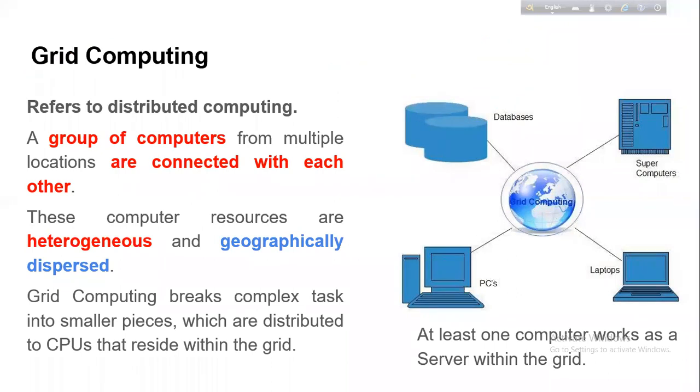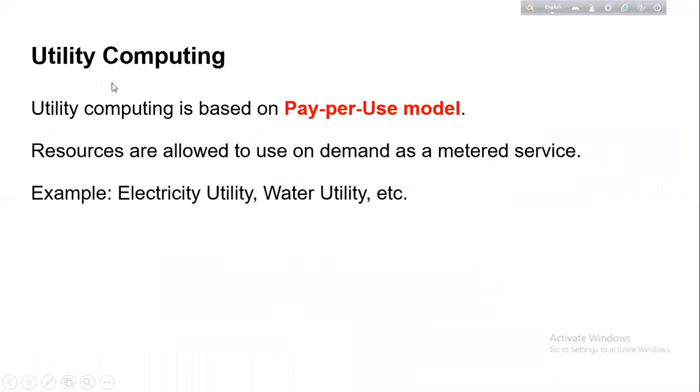The next that we are going to see is utility computing. Utility computing is based on a pay-per-use model. Resources are allowed to be used on demand as a metered service. For example, how much we use, that much we pay for, like electricity utility, water utility, gas, and so on.